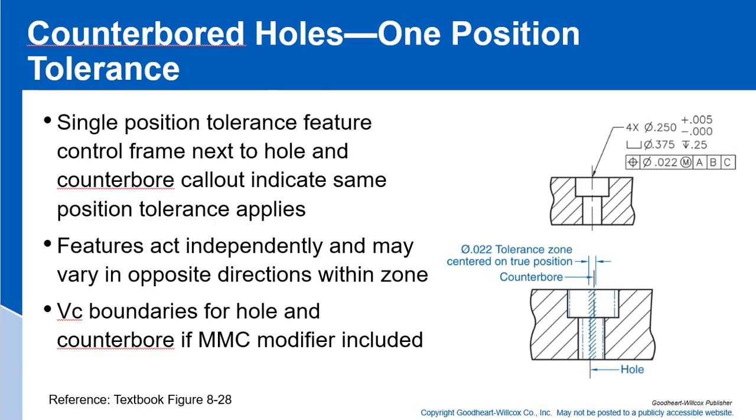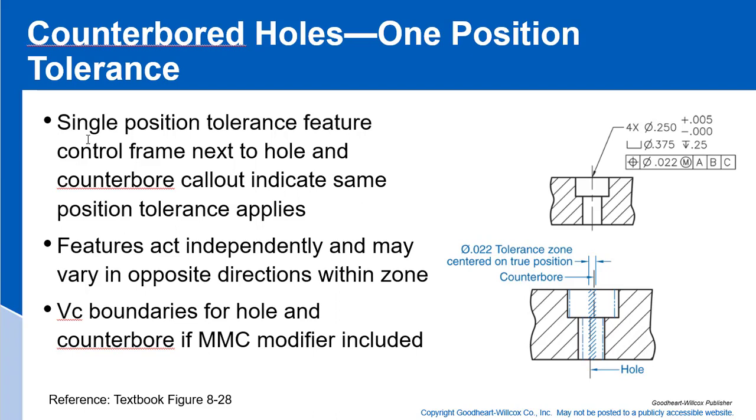Let's explore all three of these methods individually. Let's look at the first one, the single position tolerance. Here we would have a counterbore hole. We have 4x, the size .250 +.005 minus nothing, and then we have our counterbore diameter and the depth over top of it, and then we have one feature control frame. What happens with this is the same feature control frame applies to both holes, so these holes can be off to each other by up to what's in this feature control frame.